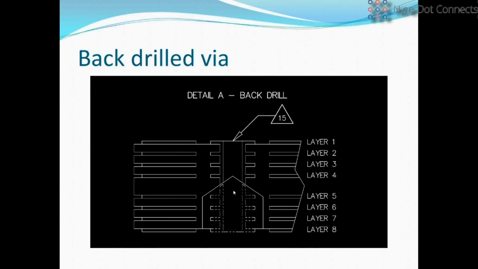Now, there are partial drills and blind and buried vias that we're going to get into on some future stuff that I hope to speak about. So this is just to make you guys aware that there is the availability for removal.